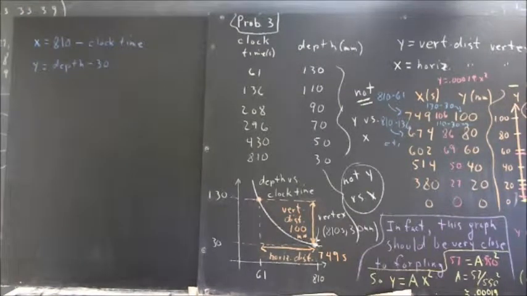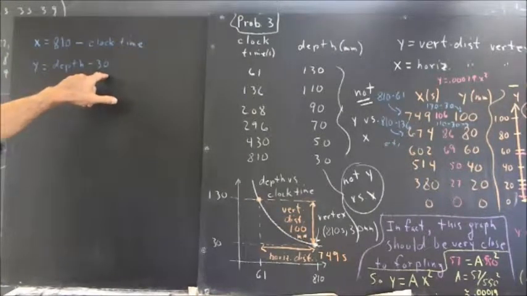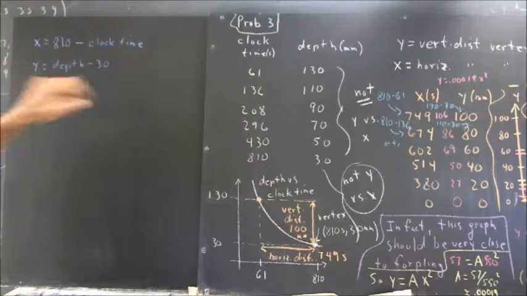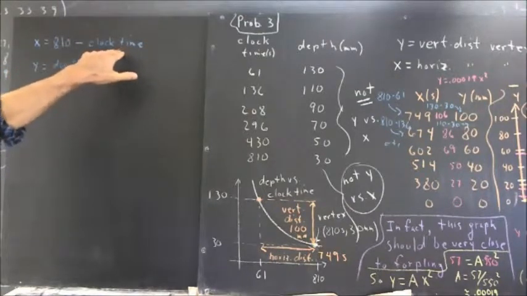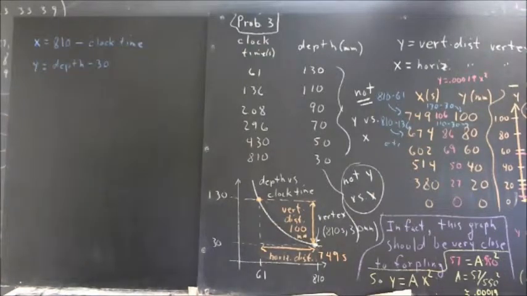Now, why did we subtract clock time from 810 when we subtracted 30 from the depth? Why are we subtracting the time coordinate but subtracting from the depth coordinate?